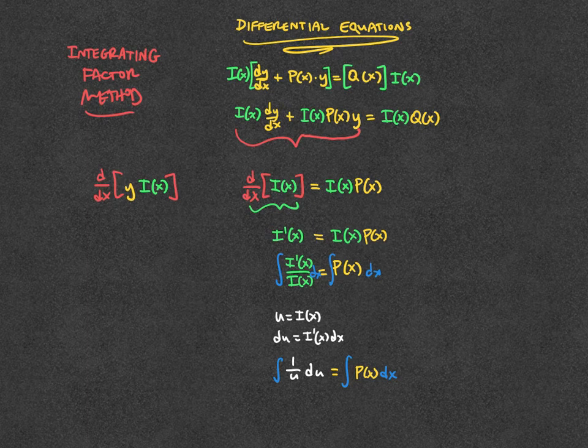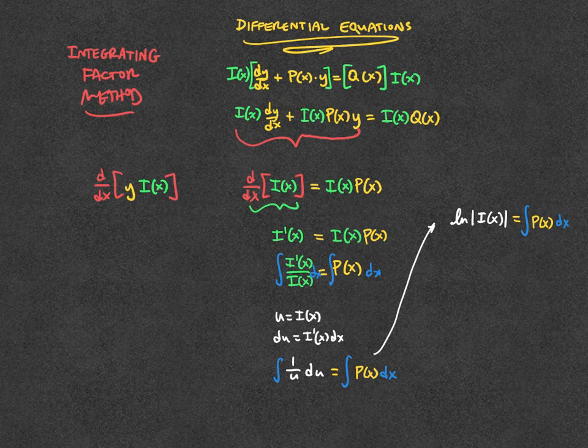So let me work my way back up over here. That means that the integral of 1 over u is the natural log of u, and u is I of x. Therefore, I get the natural log of I of x is equal to the integral of p of x with respect to x.